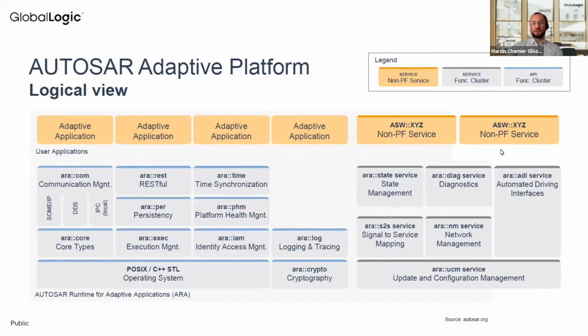The services now depend on the vendor which provides us ARA, so the runtime, and which services are available. From my point of view, I'm mainly busy with state management right now. Diagnosis or other stuff which will be added here in the future is defined in the AUTOSAR Adaptive architecture.